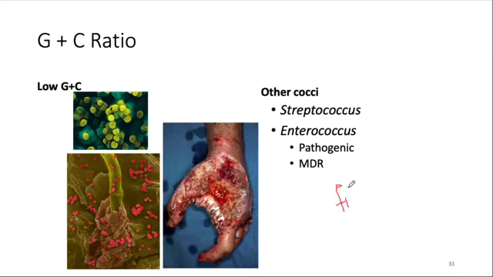And so they're able to destroy all these proteins that exist in our tissues. And so it leads to what we call necrotizing fasciitis, a flesh-eating disease. And it appears very suddenly and spreads very rapidly.